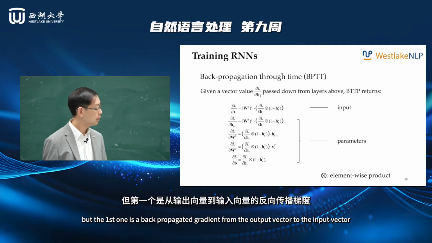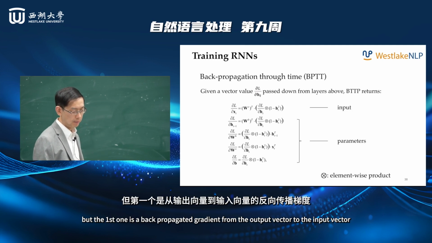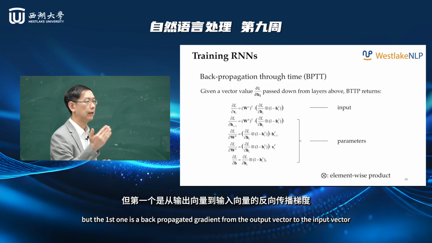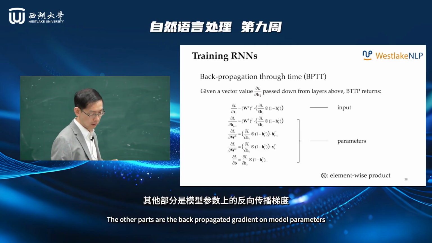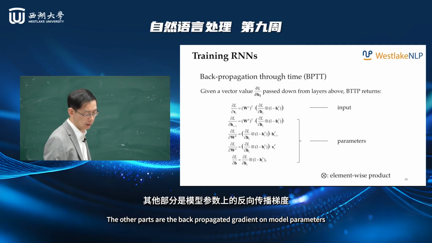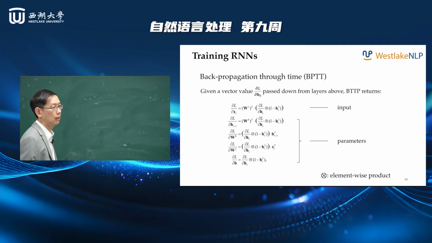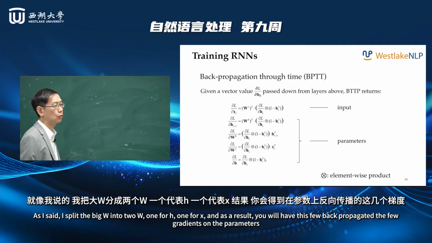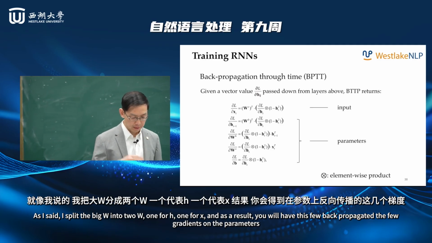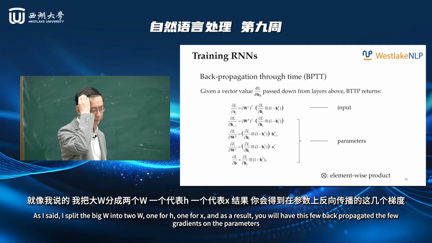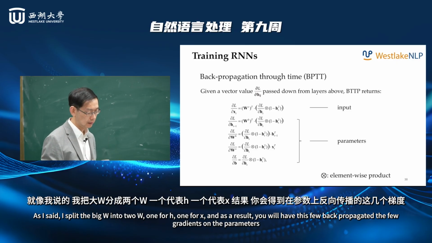I have a few equations listed in this slide, but the first one is a backpropagated gradient from the output vector to the input vector, okay? The other parts are the backpropagated gradients on model parameters, okay? As I said, I split the big W into two W's, one for h, one for x. And as a result, you will have these few gradients on the parameters.